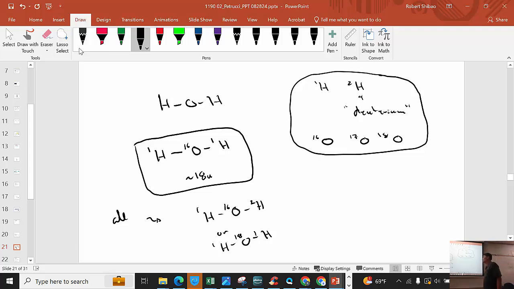The next part is to use some math to tell me what the percent abundances of each of those water molecules is. And I'm not going to give you an equation. You have to use dimensional analysis or the conversion factor method to figure it out. I'll tell you how to do it. But why don't you work on this now and figure out how many different water molecules you can make with this grab bag of atoms here.